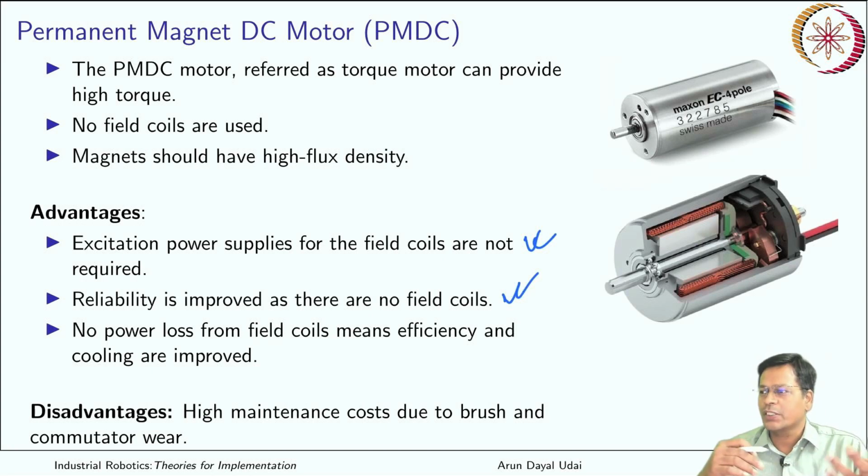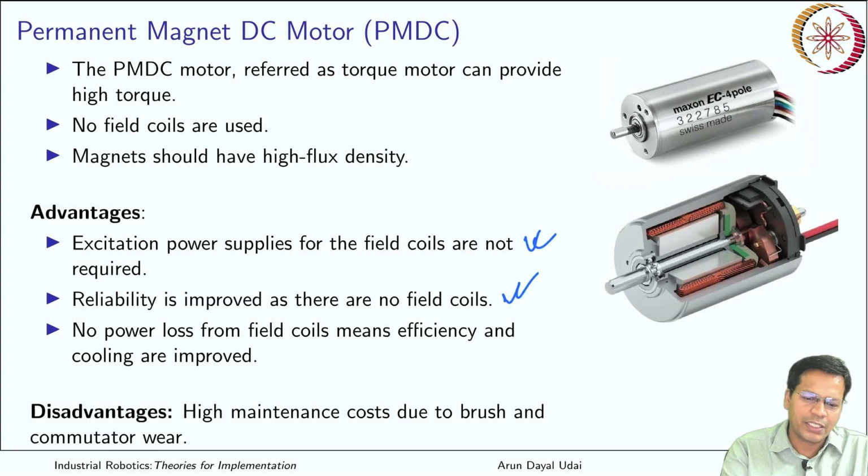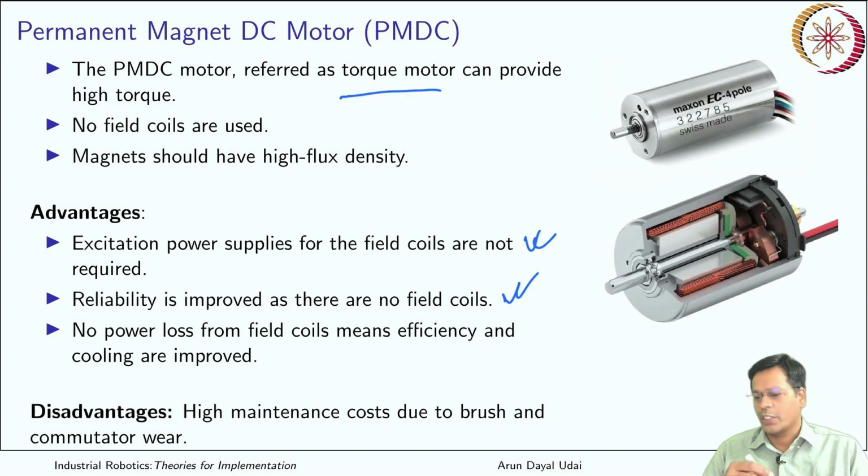It doesn't need further cooling of the field coils. But DC motors have brushes. As you know, they are continuously in friction and wear will occur, and over time it needs some maintenance, so the cost will go high, but still it can provide a very good amount of torque. That is the takeaway of this kind of motor.